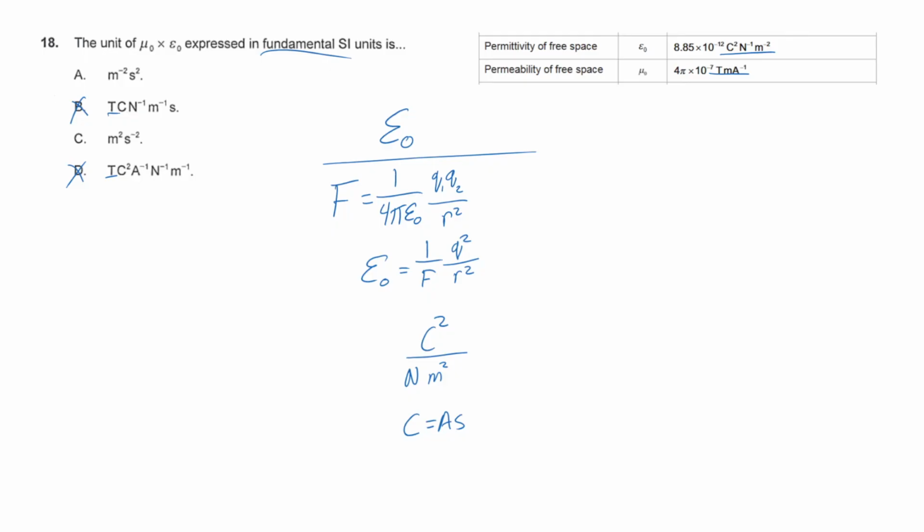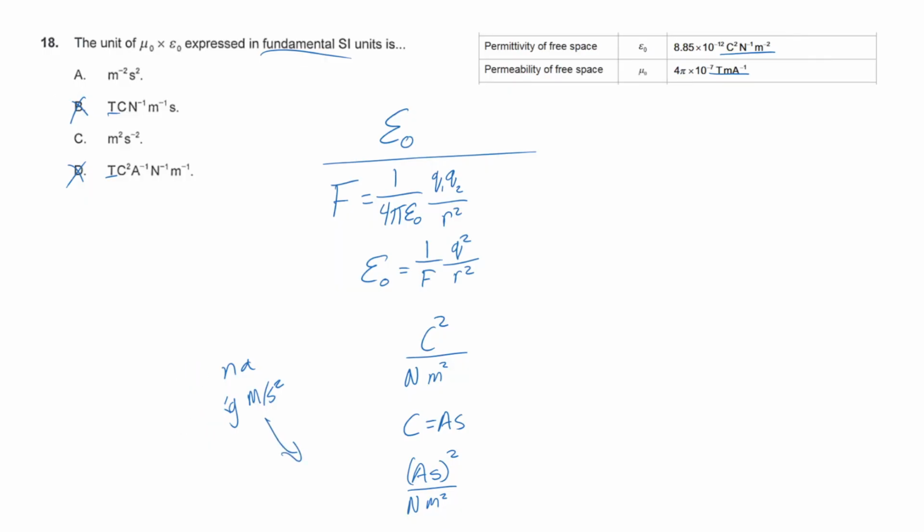So that means if we substitute it in, we will have A times s squared divided by N times m squared. And I'm going to leave the Newton as it is for now. We could convert it to SI units, and the way you would do that is, well, we can just say F is equal to ma, and so the unit for force is a Newton, the unit for a mass is a kilogram, the unit for acceleration is meters per second squared, and then you substitute this in.